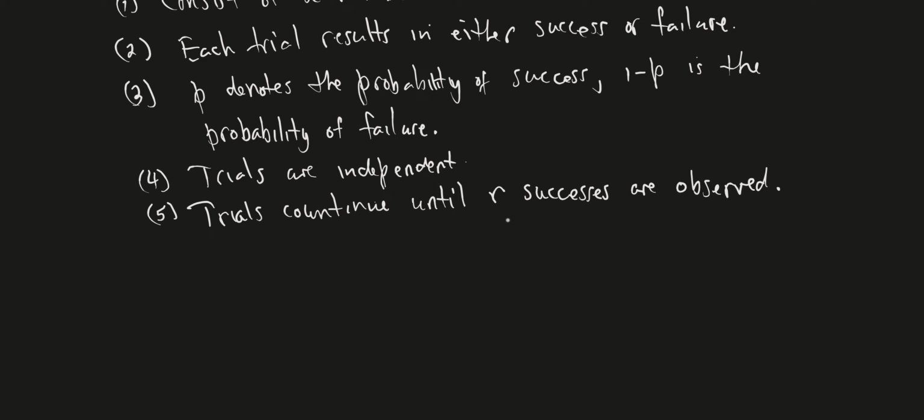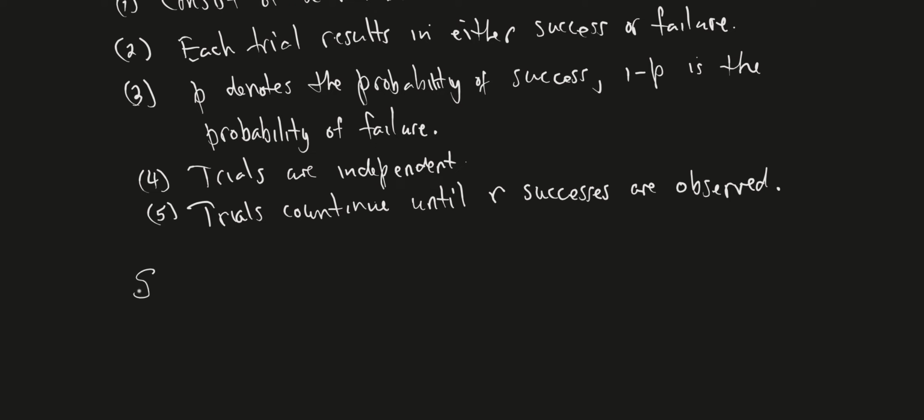So at the very least, for instance, if we want to observe 10 successes, then the bare minimum of trials that we would have to perform would be those 10, because we can't hope to observe 10 successes if we only perform the experiment 5 times.